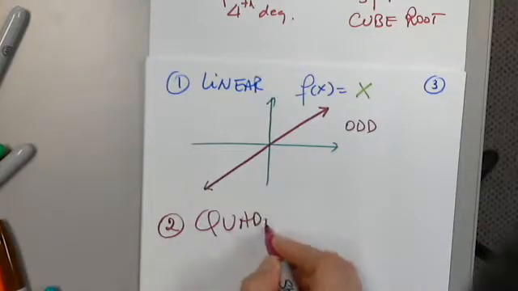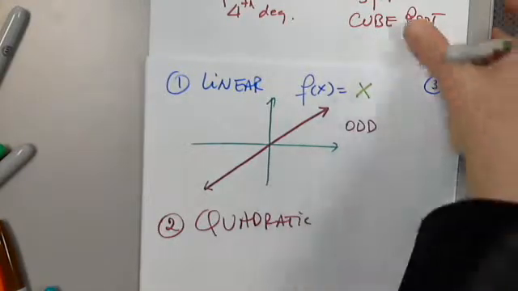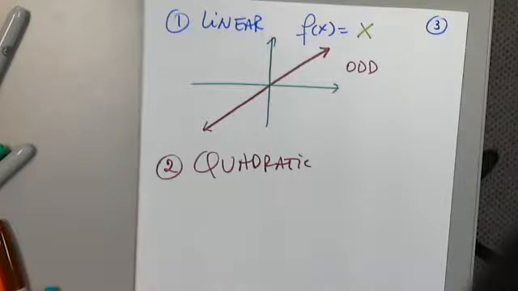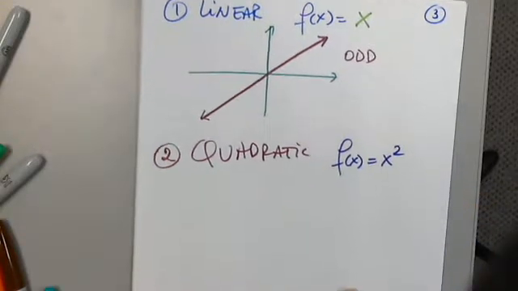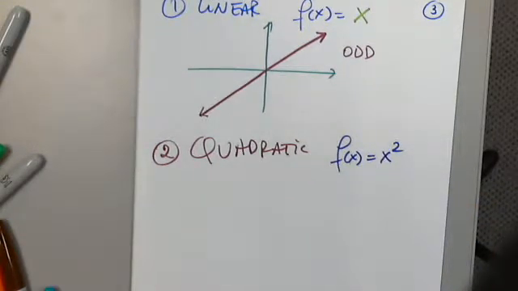Number 2, quadratic. Please give me the simplest possible quadratic function that anyone can come up with. Very good. So this is f of x equals x squared. We will go back to details of this function in chapter 3.